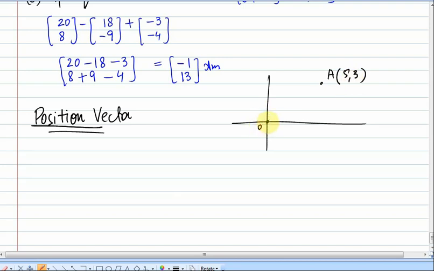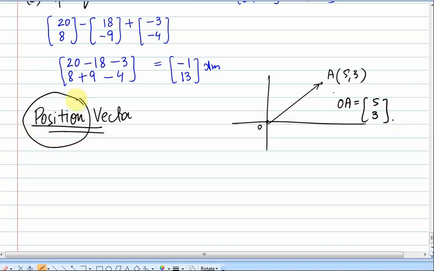From the origin, on the x-axis I move 5 steps, and on the y-axis I move 3 steps to reach the point A. If I draw a vector here, that vector is represented by OA, and its coordinates are 5 and 3. So that is the concept of position vector.